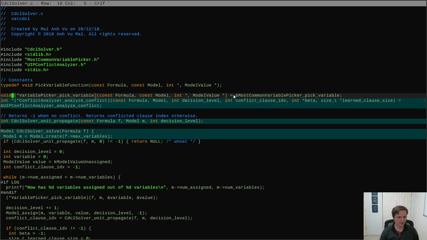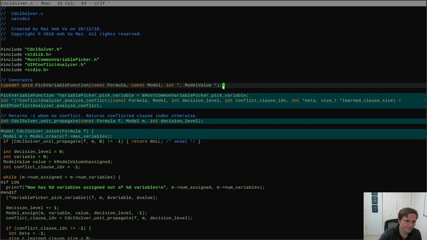Here's this right here, buried in the middle, that's the name of our variable. And we go pick variable function pointer, like that. So now we have a function pointer with the same type as before, and we can see that it's a function pointer because we see the pointer here when we create the variable. And it's very easy now to read the signature of the function because that's been split out.